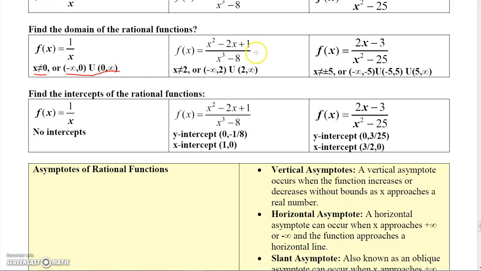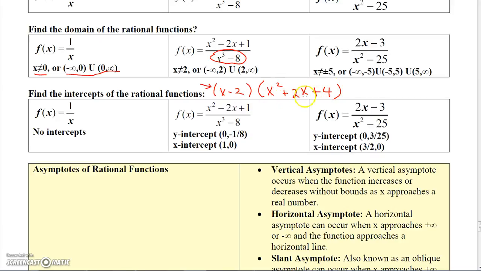Now, this function, actually the denominator will factor. So to determine the domain of this function, you say, well, what would make x cubed minus 8 equal 0? Well, down here, you'll notice that I've factored that using the difference of cubes factoring. So you get x minus 2 times x squared plus 2x plus 4.